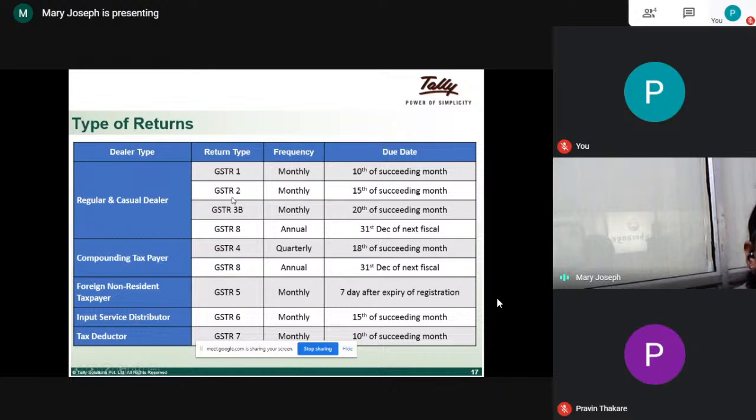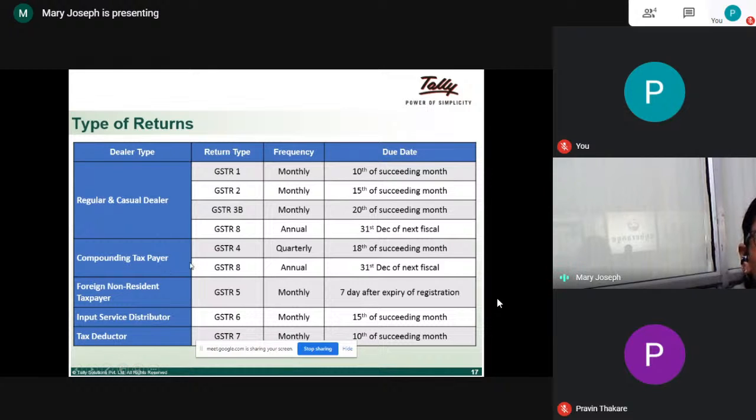GSTR2 is used for inward supply, monthly, 15th of the succeeding month. Now you have to file the return GSTR3B monthly, 20th of the succeeding month. GSTR8 for the annual report on the 31st December.